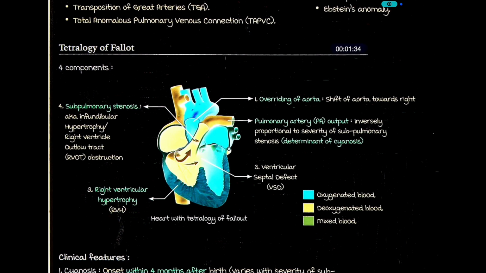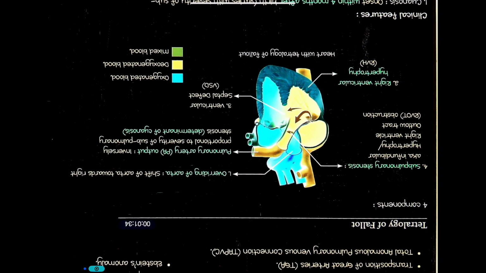Pulmonary artery output is inversely proportional to severity of subpulmonary stenosis, which is the determinant of cyanosis. Second is right ventricular hypertrophy.